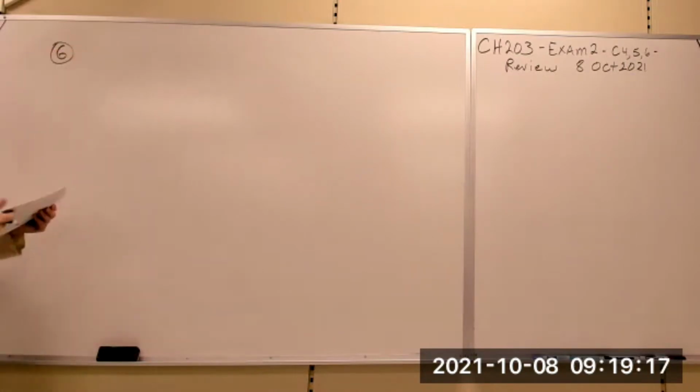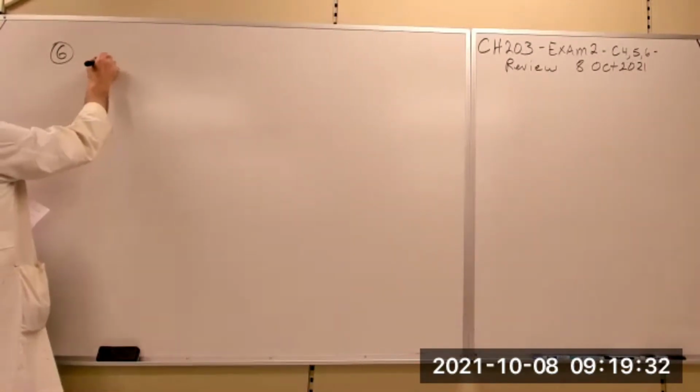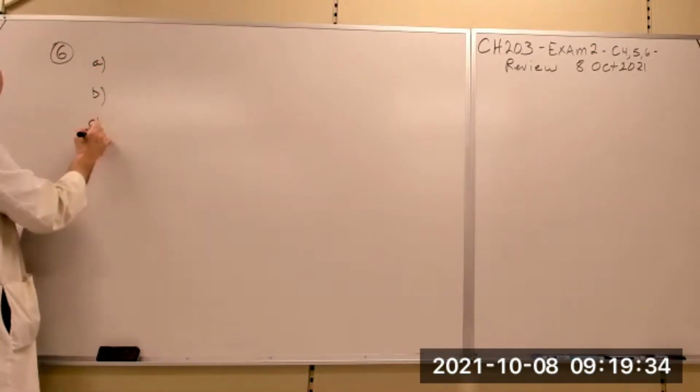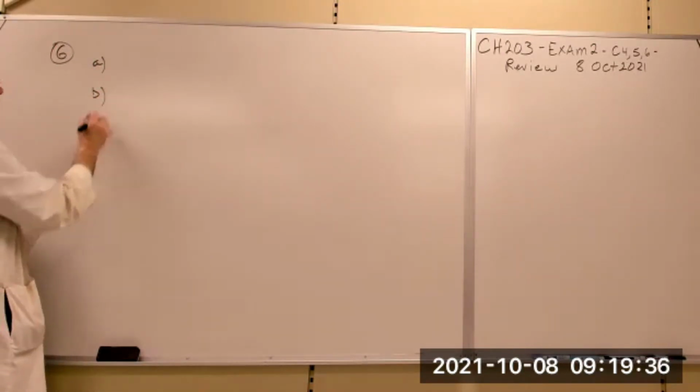Okay, let's see, how about 6? In which of the following pairs of compounds are both members of the pair ionic? So I've got to write out all the choices here.